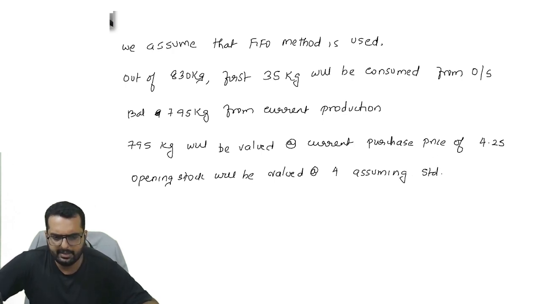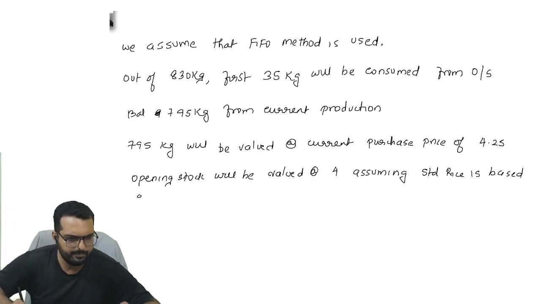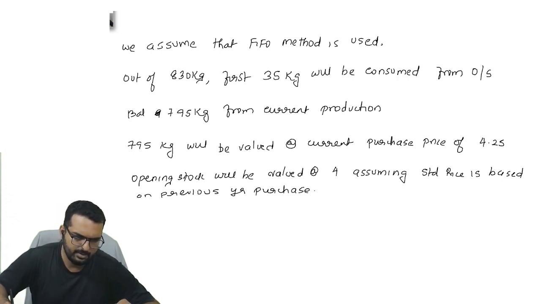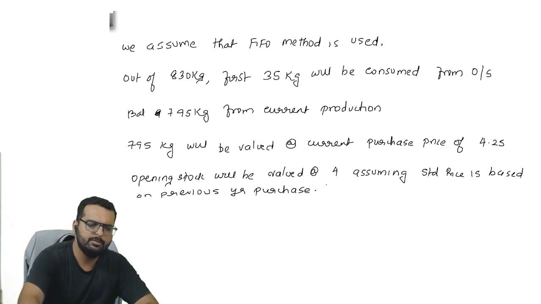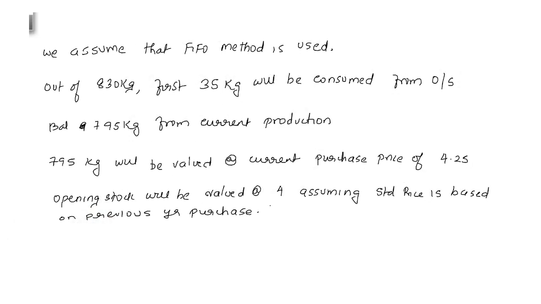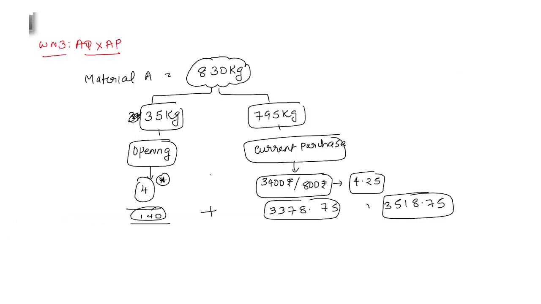Assuming standard price is based on previous year purchase. Can you please write down this in your books now? First you write down this, then you find out for material B on your own.